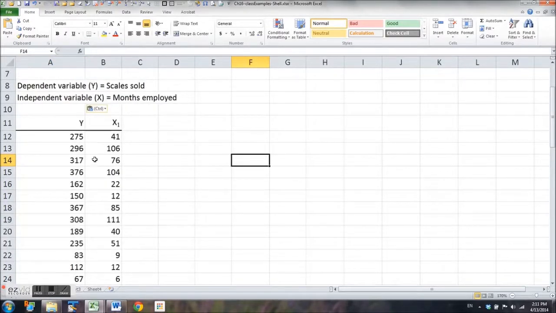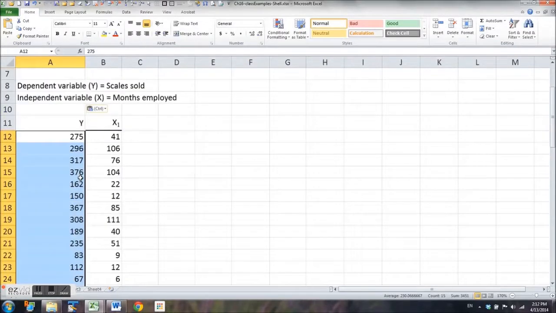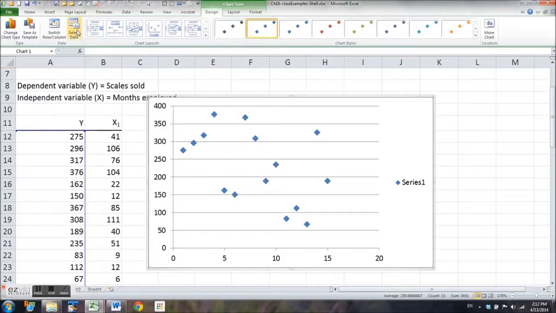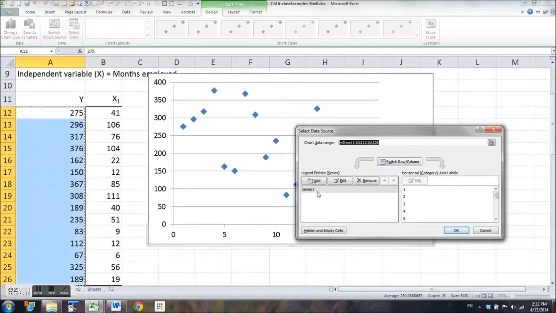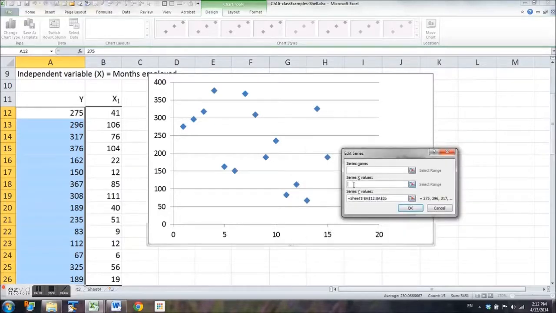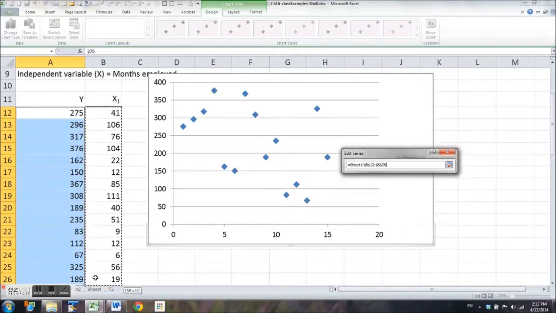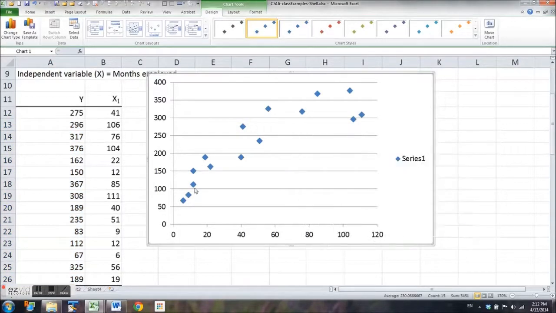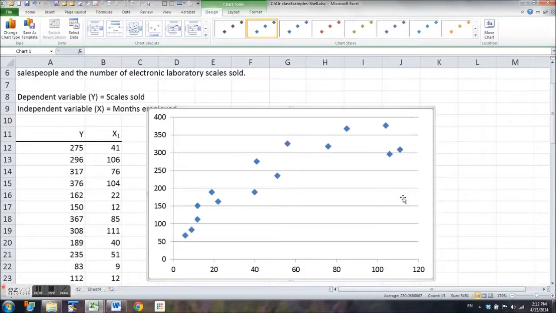If you prepare a scatter plot of y with the x sub 1 on the x-axis, since y is on the left side, we have to just include the y first, insert a scatter plot, and then you add the x-axis value by going select data, edit, and in the x series include the x values. And then you have to format this, get rid of this, and add titles.